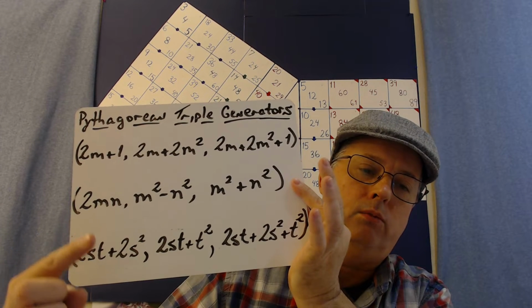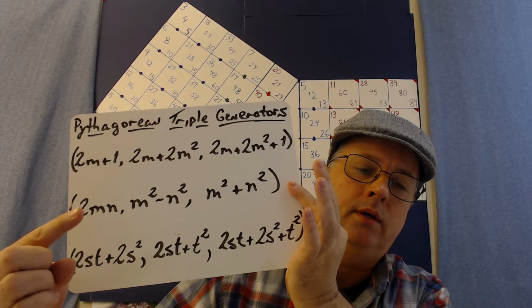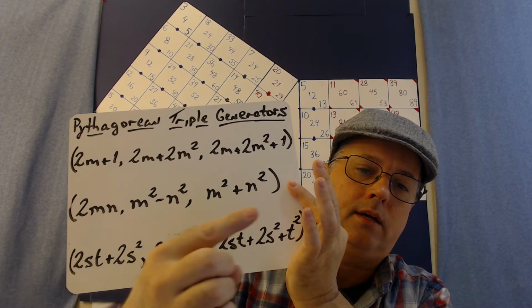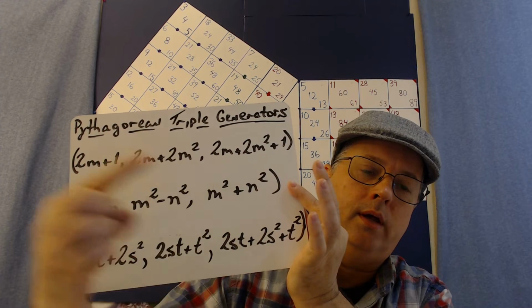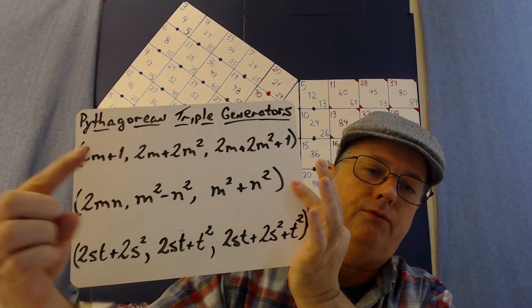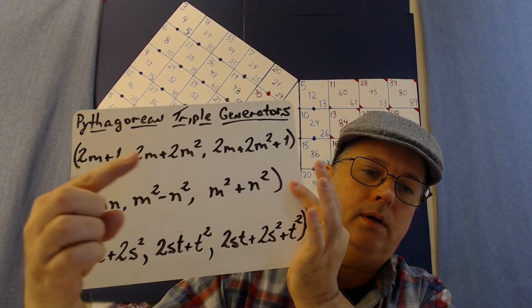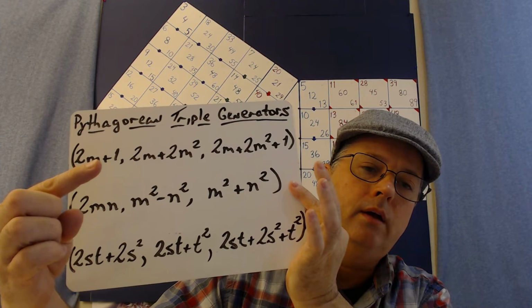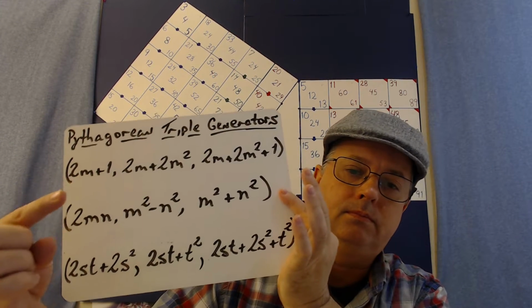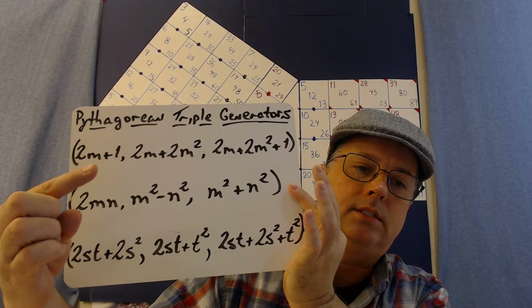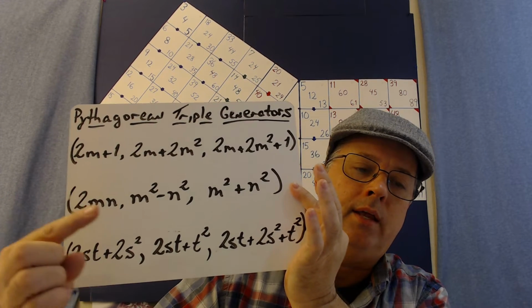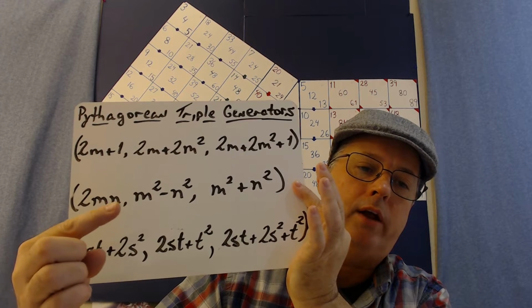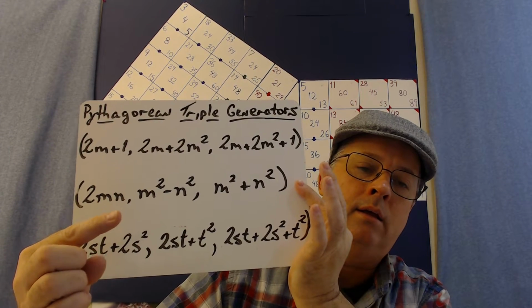And I want to make a connection first. Here in this second formula that generates Pythagorean triples, and in the first one. In the first one here, we needed a single value of m, and then here in the second one we needed two values, m and n.